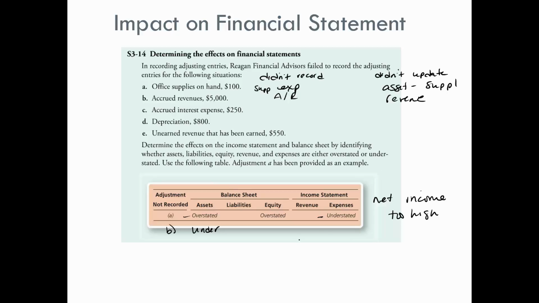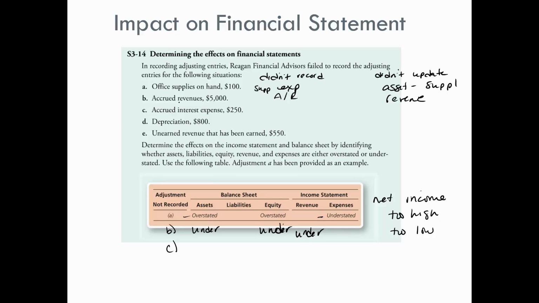My revenue would be understated. I didn't include all of the revenue when I did the income statement. So revenue is understated, which means the net income that I reported is now too low, right? I didn't include all the revenue in it. So the net income that I gave the owner was too low, so owner's equity is understated.